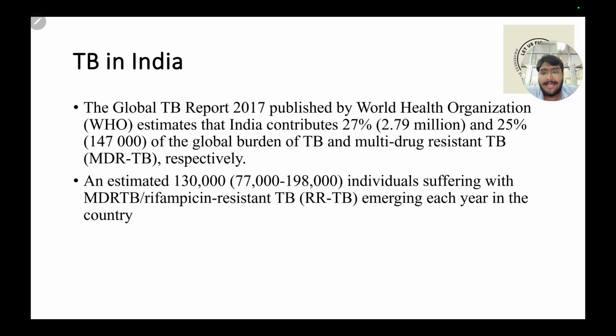And 25% of the global burden of multi-drug resistant tuberculosis is on India. So 25% of multiple drug resistant TB cases in the entire globe are from India. That's very, very disturbing.